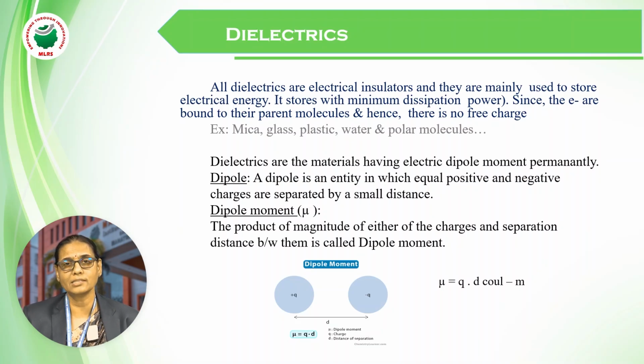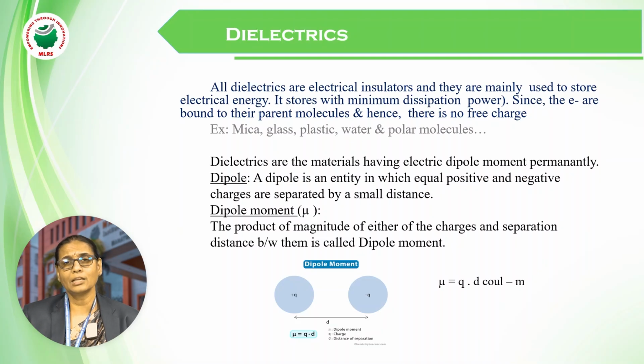We call this cement a dielectric material. That is one example where I can make you understand what a dielectric material exactly is. But the general examples of dielectrics are mica, glass, plastic, water, and polar molecules. These are the best examples of dielectric materials.